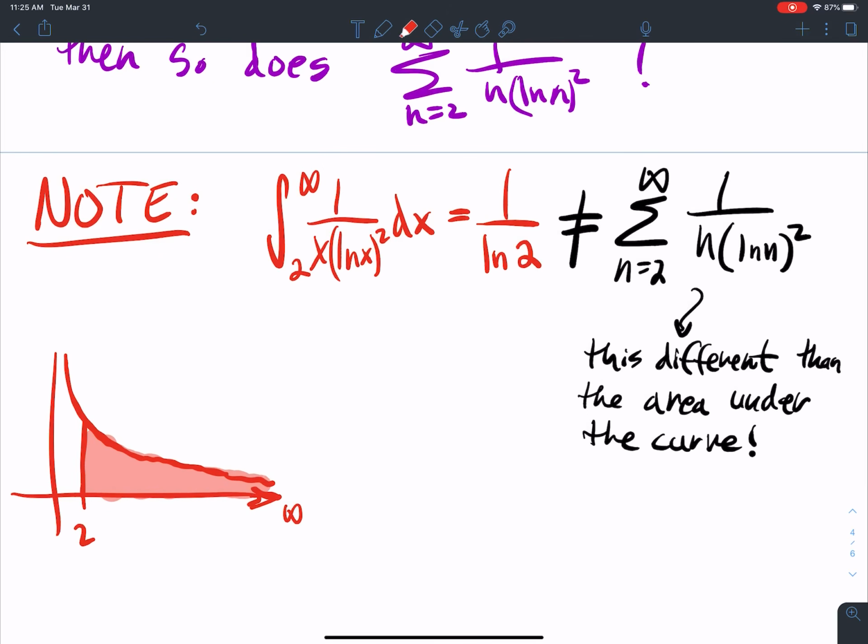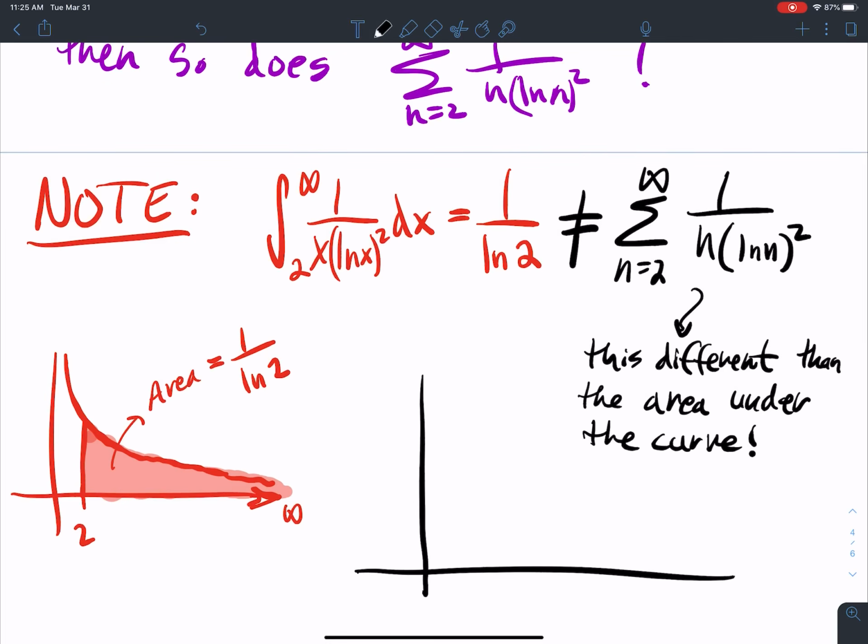That's all the area under that curve there. That's equal to 1 over ln 2, okay? That's different than the series, which takes that same curve, but instead of the curve, you only evaluate it at the positive integers.